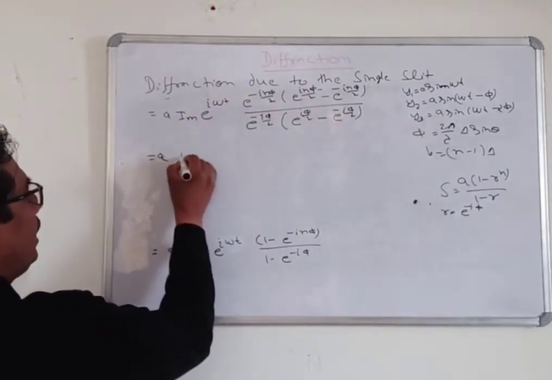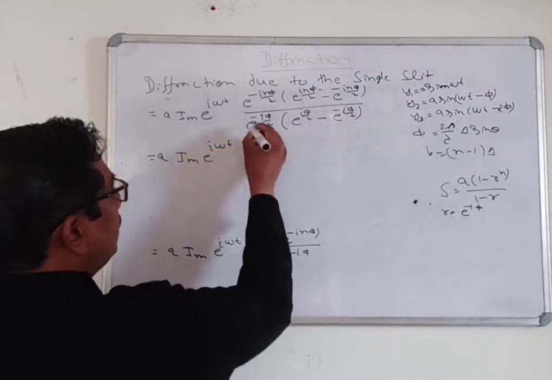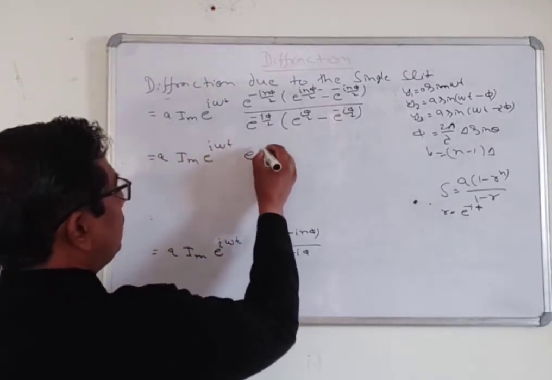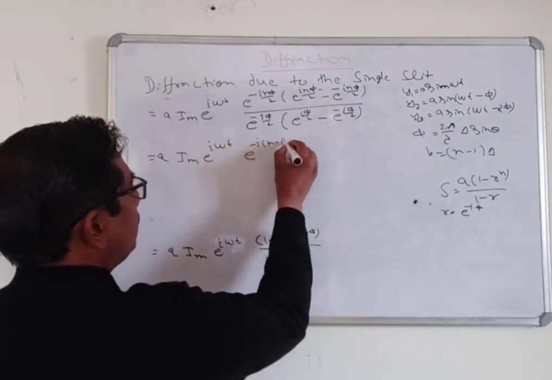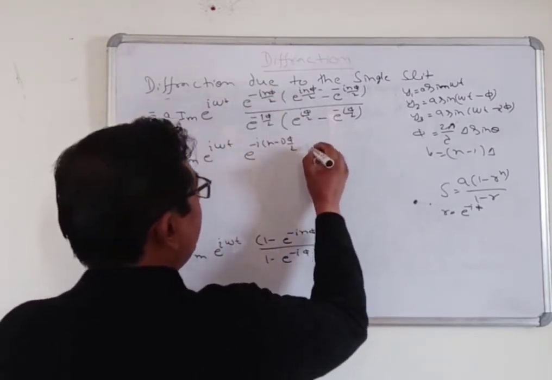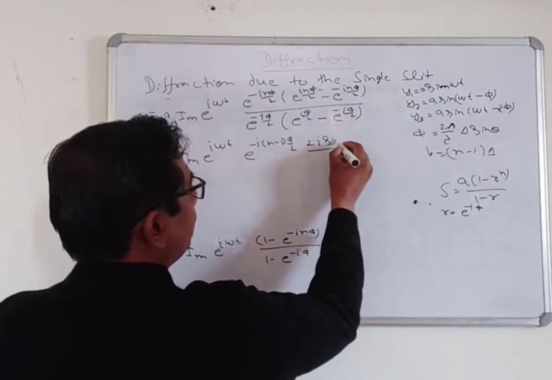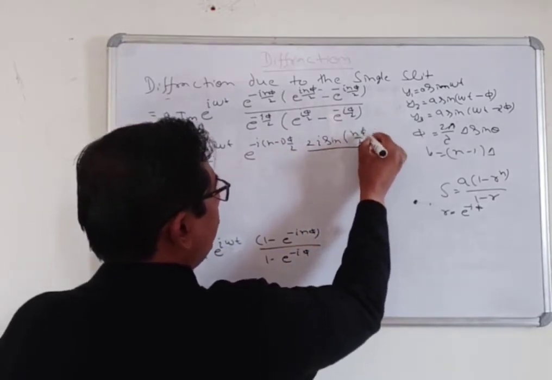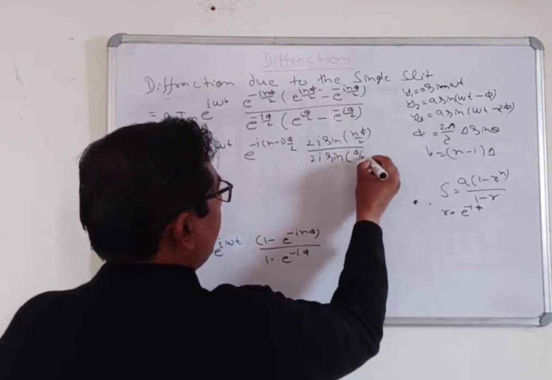Also, you can retain the imaginary part, e to the power i omega t. Now you can write minus i (n minus 1) phi by 2 from this portion, and this one is equal to 2i sine n phi by 2. This one is 2i sine phi by 2.